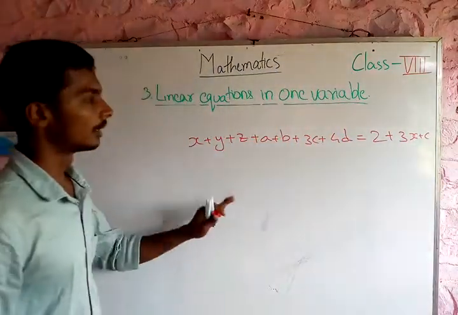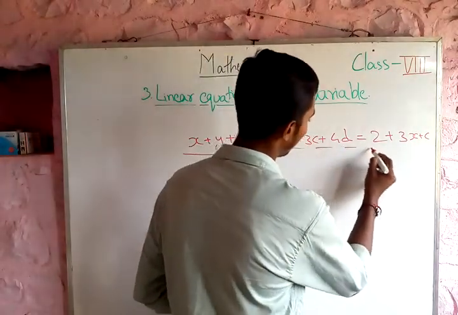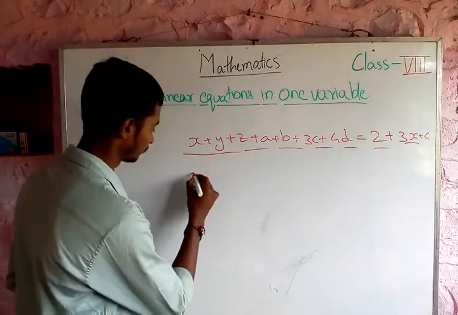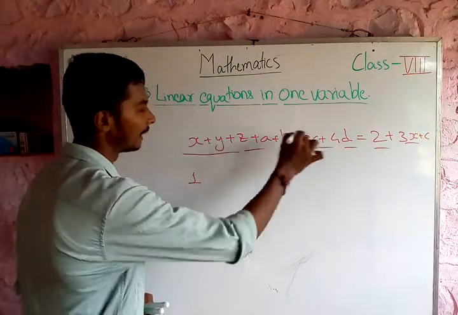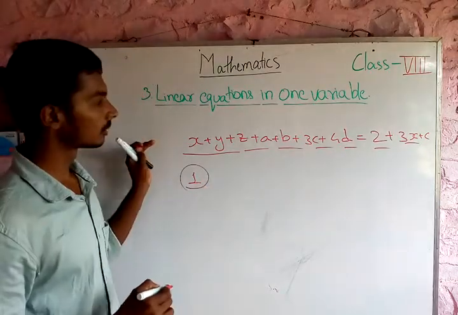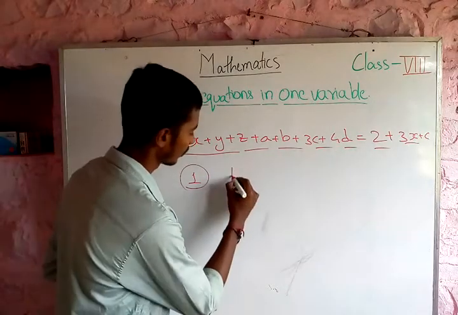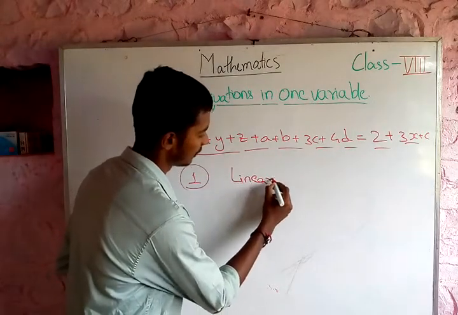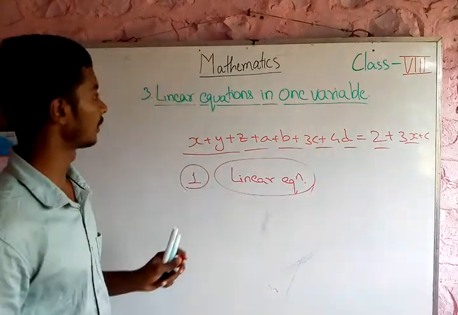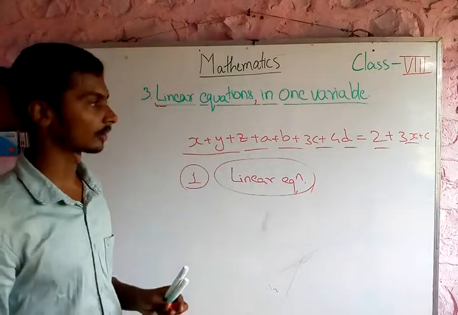Okay, now see, in this case the variables have maximum power as 1. The maximum power of any variable you take is 1. So equations of this kind are called linear equations.